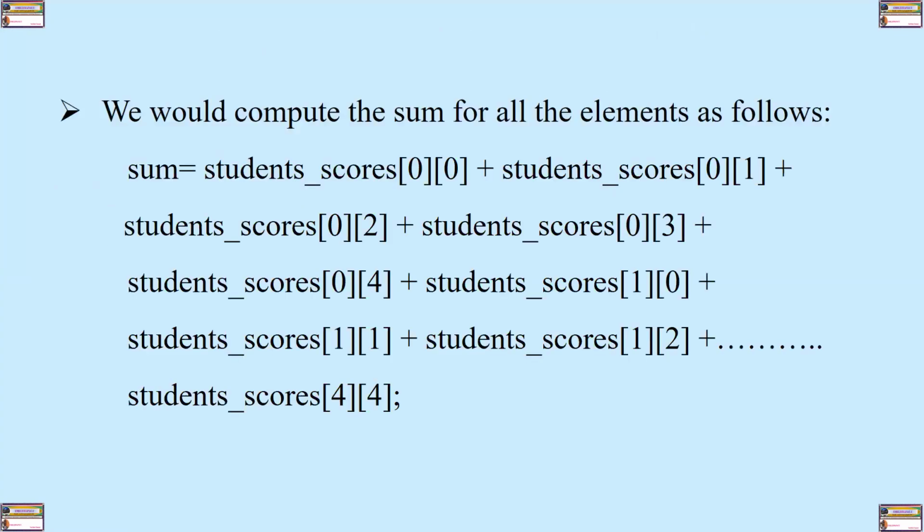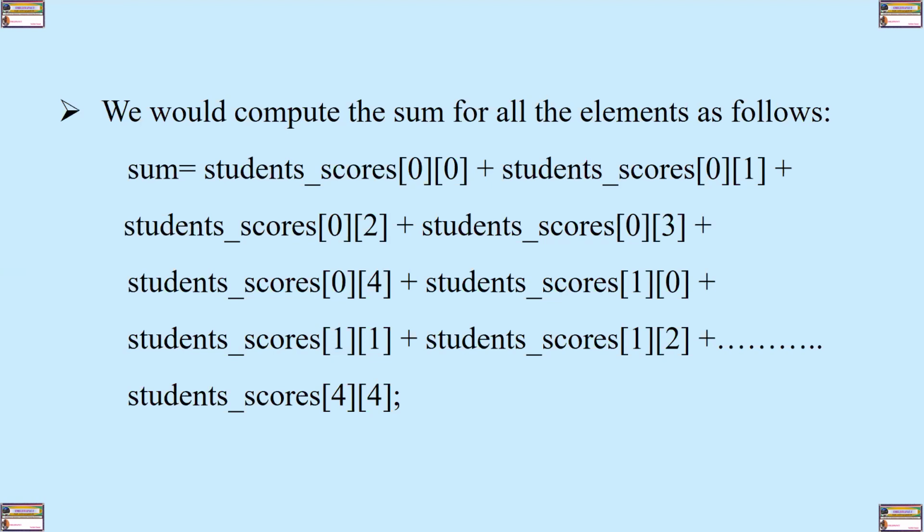We are assigning to a memory location called sum student scores 0, 0 plus student scores 0, 1 plus student scores 0, 2 plus student scores 0, 3 plus student scores 0, 4 plus student scores 0, 5 plus student scores 1, 0 plus student scores 1, 1 plus student scores. So we repeat all that for 25 elements.